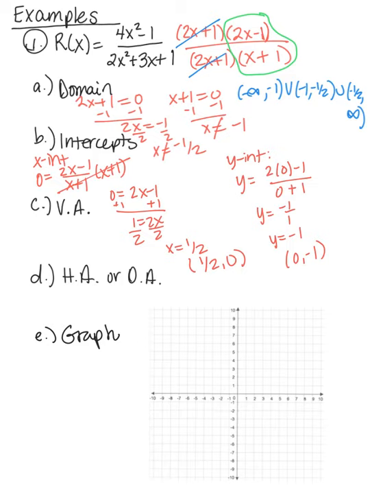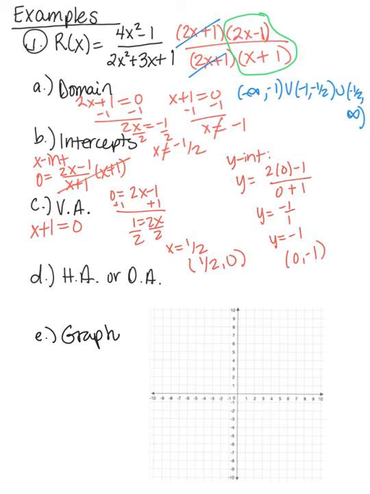Okay. So the next thing I'm going to do is my vertical asymptote. After we have canceled, we're going to look at the denominator and whatever is left over in that denominator. So what's left over in my denominator here is going to be my x plus 1. That gets set equal to 0.